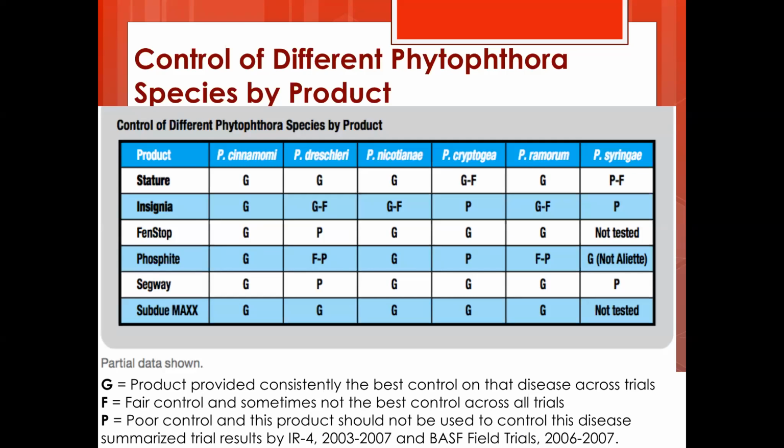So I don't know why we would expect all these different species of Phytophthora to behave the same way, but this was an older study that actually showed that Stature, Fenstop, Segway, and Subdue all gave very good control against Phytophthora ramorum.